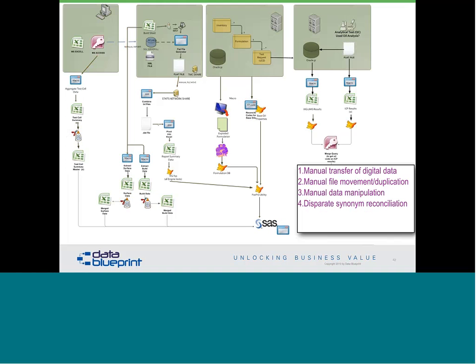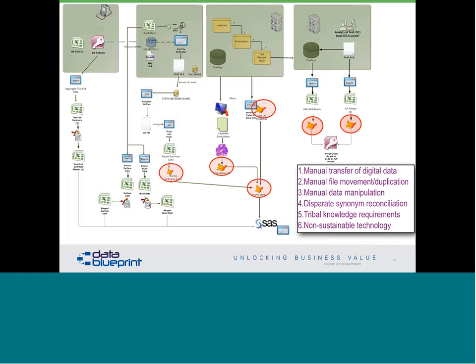And there were also, of course, a whole series of tribal knowledge requirements that were embedded, very much like our stored procedures in databases, in a series of macros and batch files and exe files around the organization that you had to be knowledgeable that they existed because they were not documented anywhere.